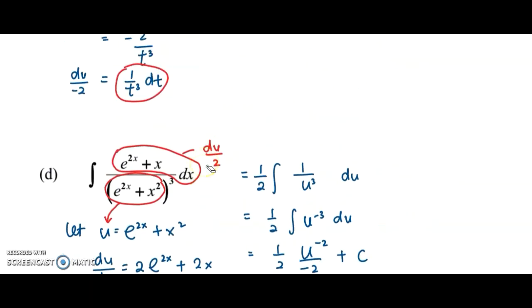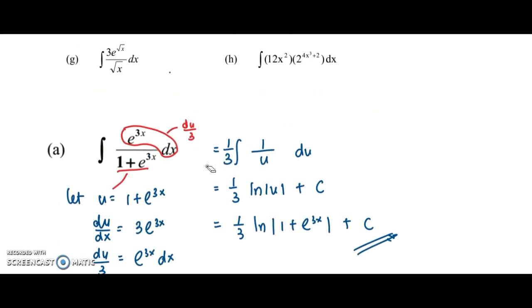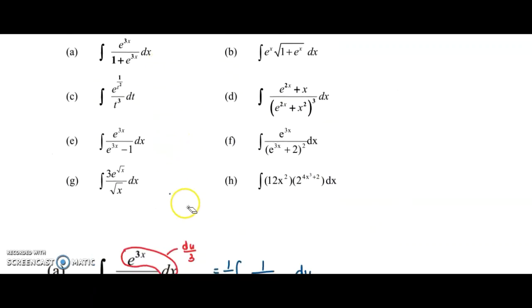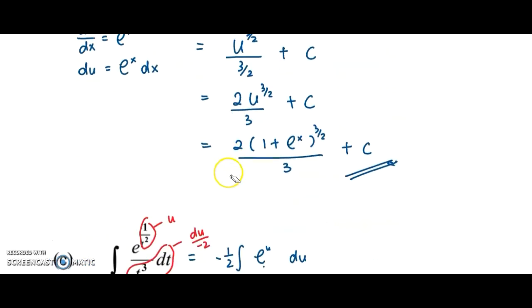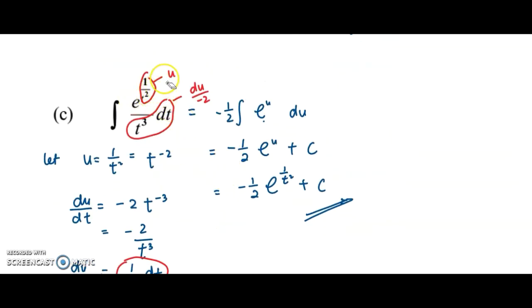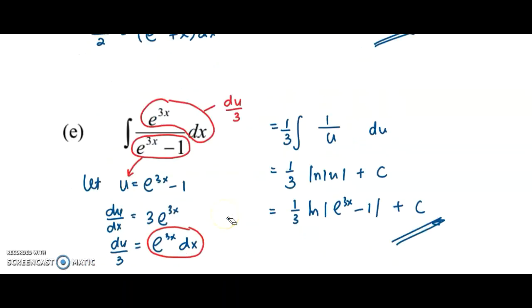Question G is similar to the question that I showed before, similar to question C. For question C, I just let u equal the power, and similar to this question, if you have a question of this type, you're going to let u equal the square root of x.